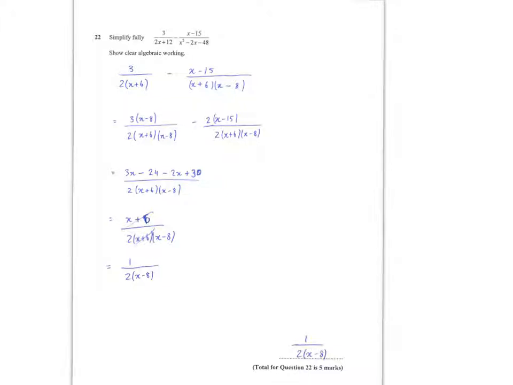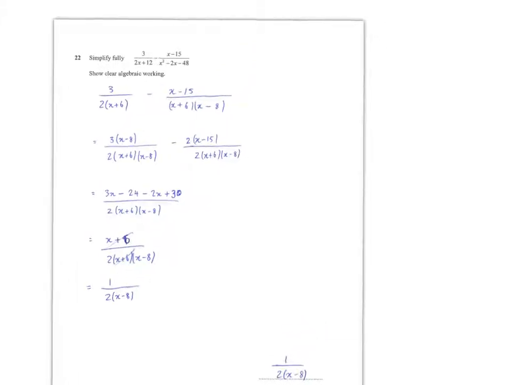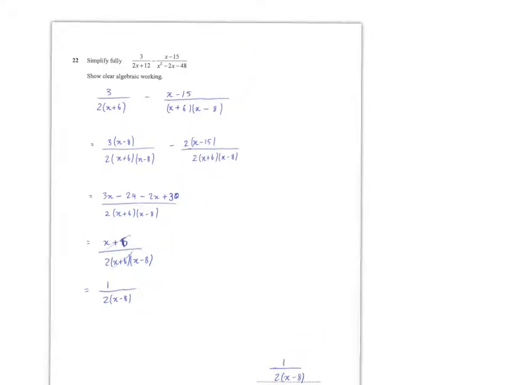In order to simplify this expression and so subtract the two fractions, we need to have a common denominator. Now, the first thing to do with algebraic fractions is always to factorize your denominator values. So, common factor of 2x plus 12 is 2. So the denominator of my first fraction is going to be 2 brackets x plus 6.